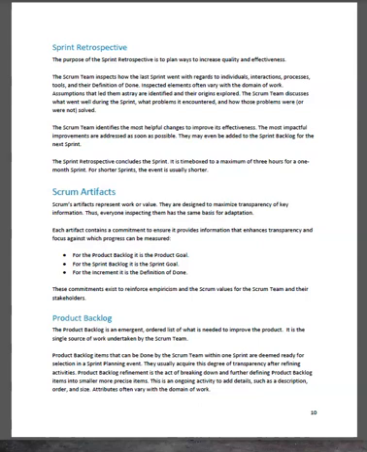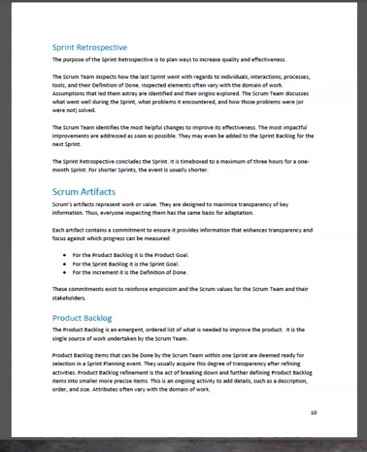Assumptions that led them astray are identified and their origins explored. The Scrum team discusses what went well during the sprint, what problems it encountered, and how those problems were or were not solved.